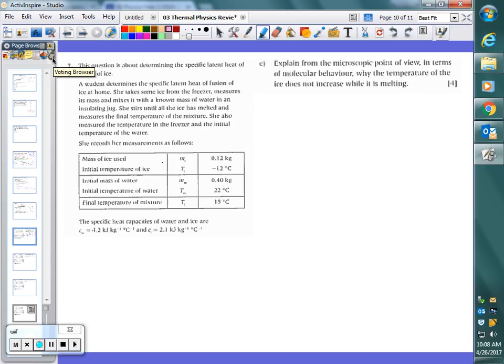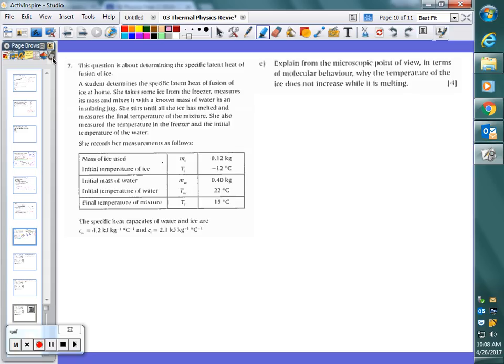Conceptual question. From a microscopic point of view, in terms of molecular behavior, why does the temperature of the ice not increase when it is melting? There are 2 types of energy we associate with molecules, kinetic and potential. Kinetic energy manifests itself in temperature.